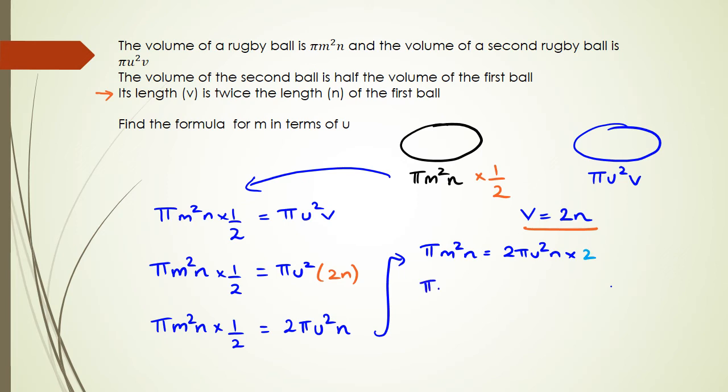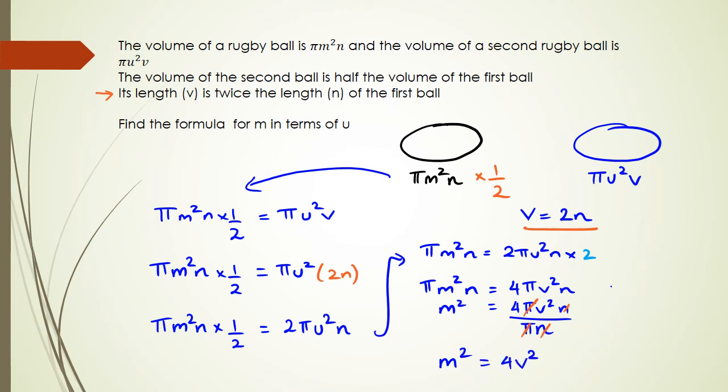So then you have pi m squared n equals 4 pi u squared n. I want m by itself, which means I need to take pi n to the other side, so it gets divided. Now I can see the common factors. Pi disappears, n disappears, and I'm left with just m squared equals 4u squared.